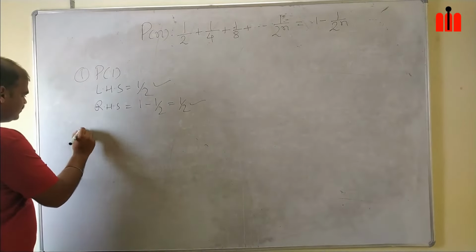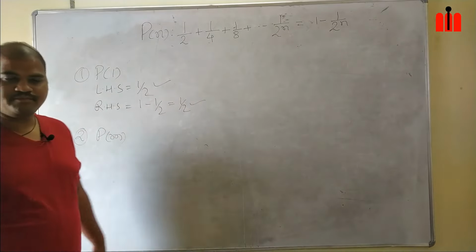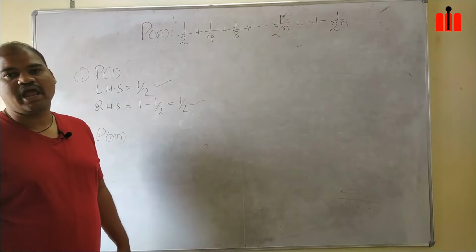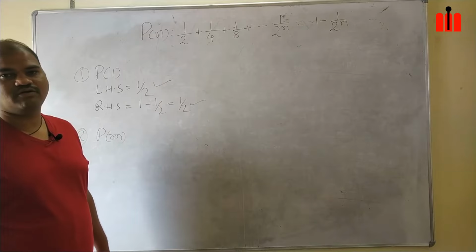Now let's come to PM. In PM, this is the assumption step, and we will assume that the sum of the first m terms is equal to 1 − 1/2^m.